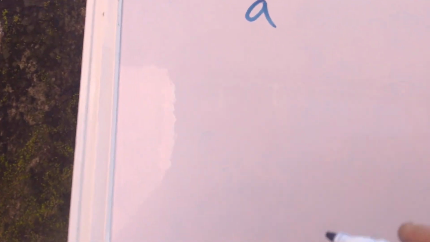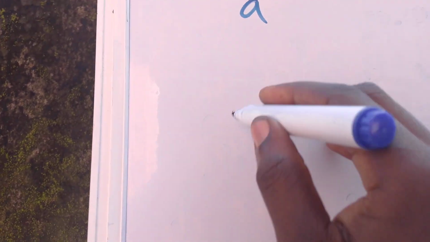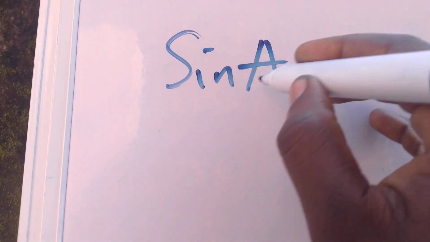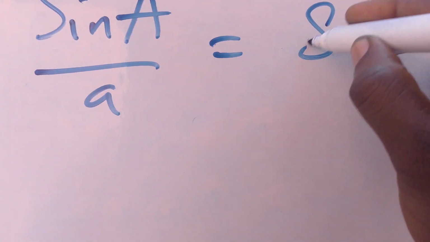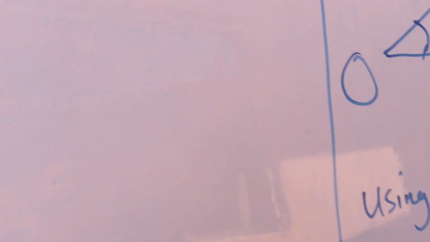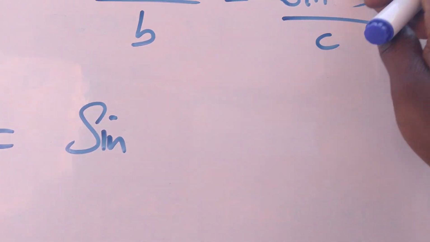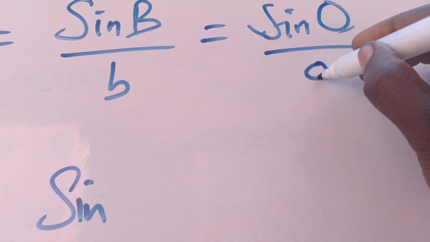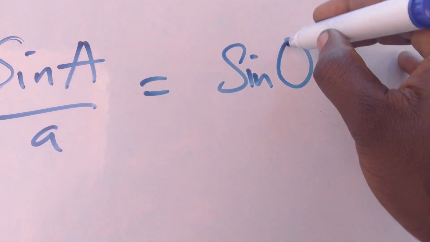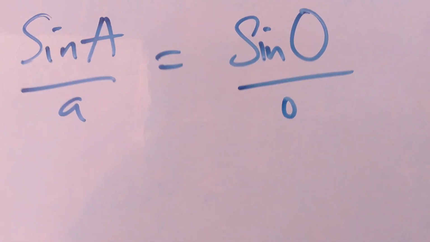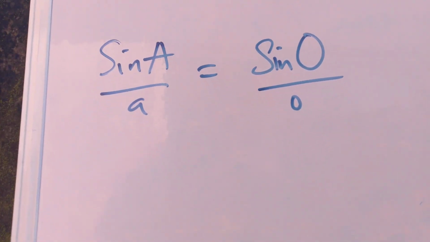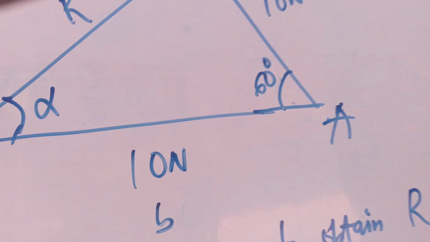So sine A over small a will be equal to sine O over small o. The angle at A is 60 degrees, if you observe.